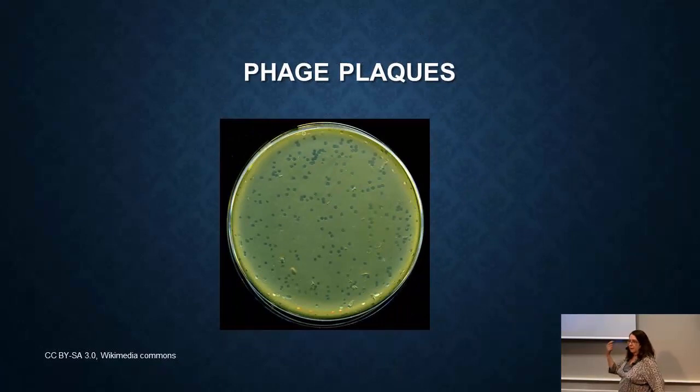And what has happened is that a phage attached to a cell, it killed it, and made 100 new phage. It went out, it killed the 100 cells around it, and 100 cells around it, and 100 cells around that. And it produces this area of dead cells on the plate. Each kind of phage has a different appearance. Some of them look very tiny, some look very big. It depends how they grow and how fast.